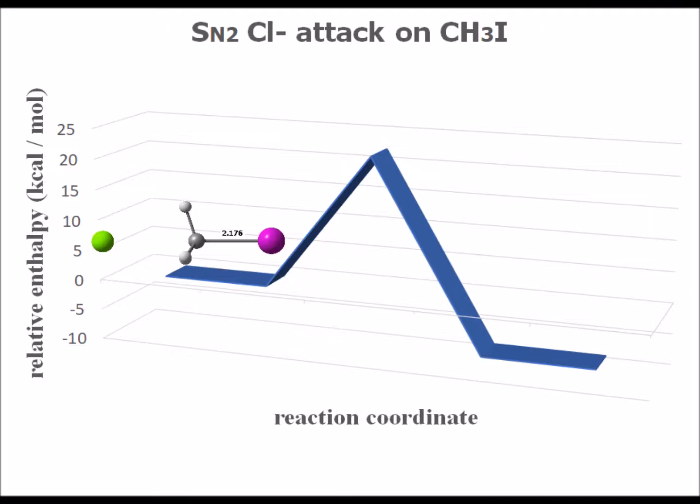Our reactants are iodomethane and chloride. We see the chloride ion coming in, the lime green from the left, and we see it in the proper configuration for an SN₂ attack on iodomethane.